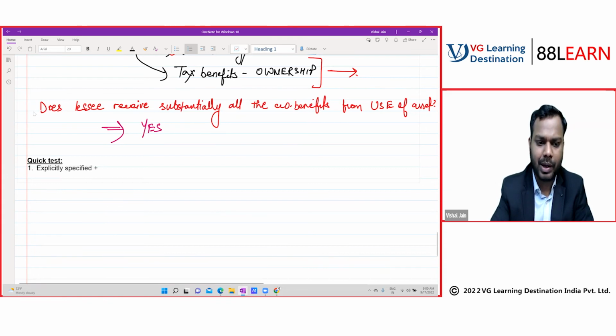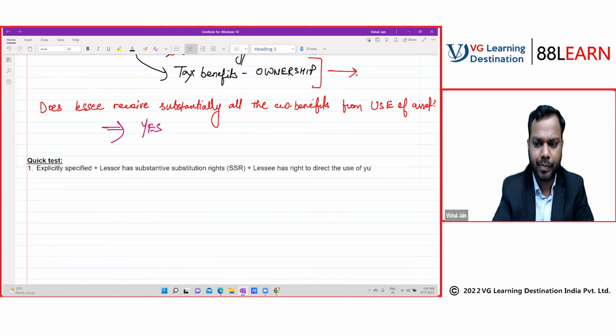Asset is explicitly specified, plus lessor has substantive substitution rights, which I will be calling SSR now, plus lessee has a right to direct the use of the asset, plus lessee will receive all economic benefits from the use of the asset.